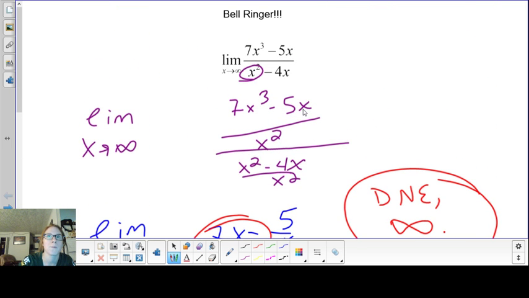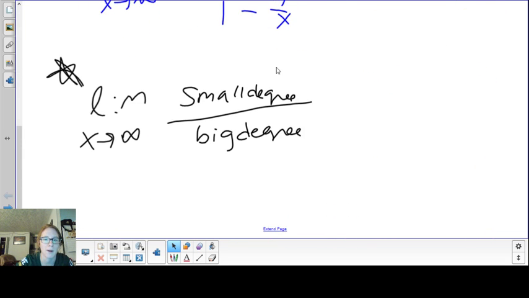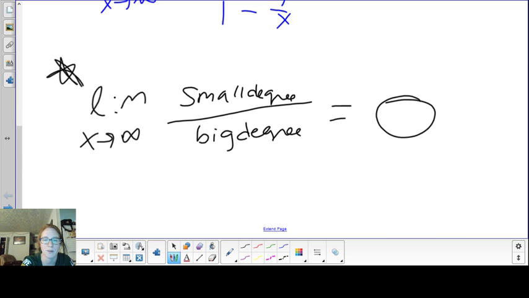For example, in my bell ringer, my degree on the top was 3, and my degree on the bottom was 2. If I were to flip-flop this, if I were to do the reciprocal, having the 2 on top and the cube on the bottom, my answer always will be 0.